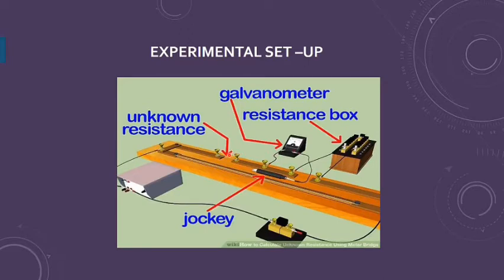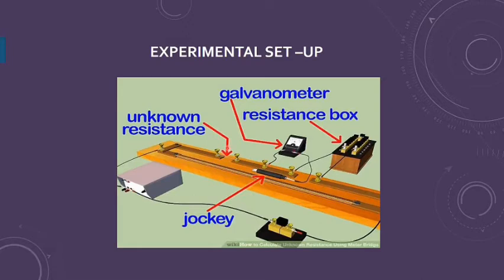Then I will move the jockey for different values of the resistances in the resistance wire for taking my observations, and I can find this unknown resistance by using the formula: if I say this is P, this is Q, whatever names you may give, then P upon Q equals R upon S. So the naming will be yours, and then whatever value is here is proportional to this L. So you have to take care.